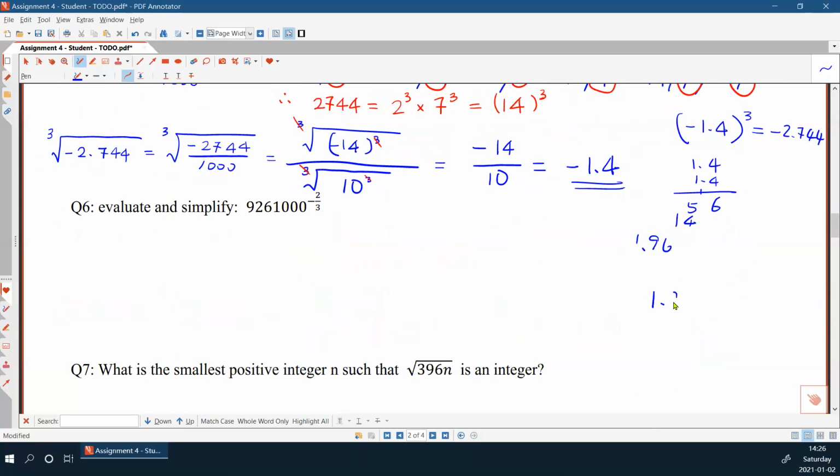And then 1.96 by 1.4 gives us 2.744, which is equal to the right-hand side, right?